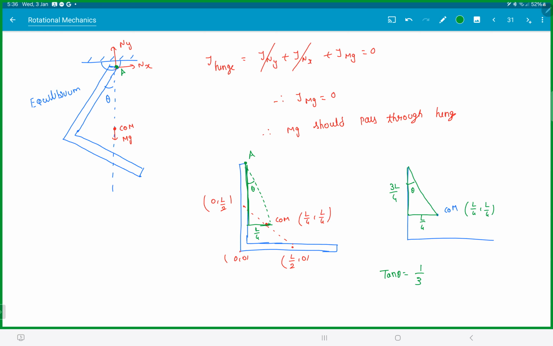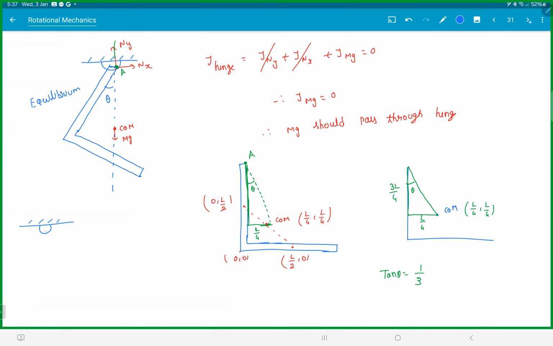Make sense? So once you figured out that mg will pass through the hinge, the physics got over. After that, it is just maths. Get the center of mass and finish off the coordinates. You can also try this as homework.